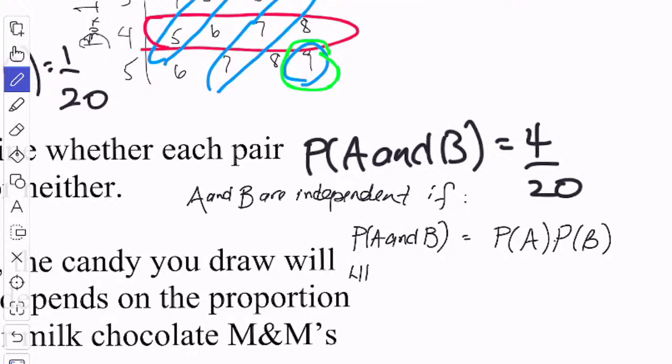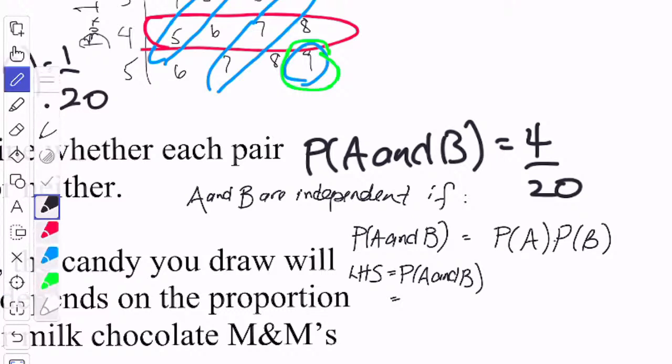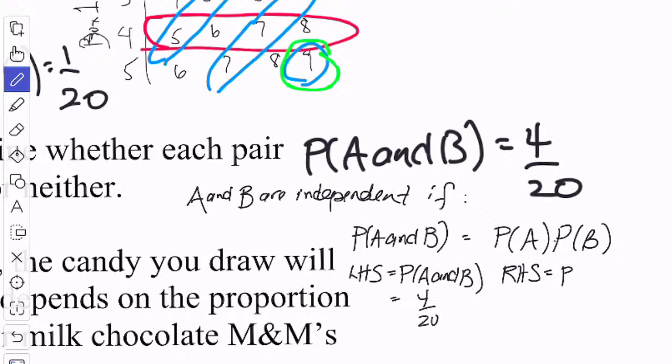So the left-hand side is the probability of A and B. We just calculated that, right? We observed, and this is 4 out of 20. So let's take the right-hand side now. Probability of A times probability of B.